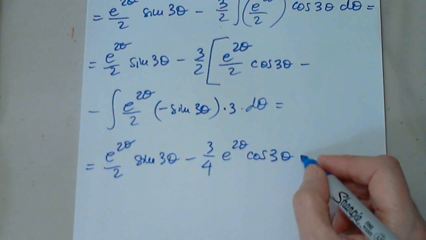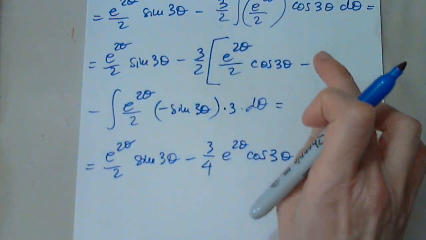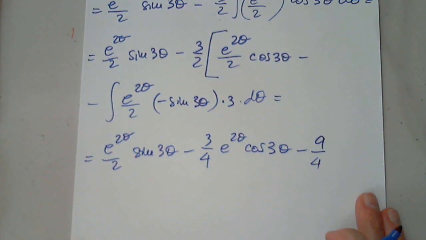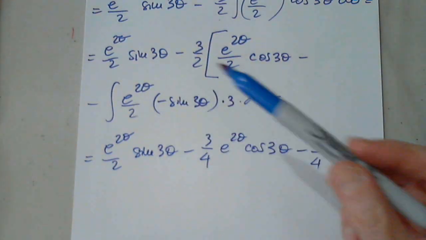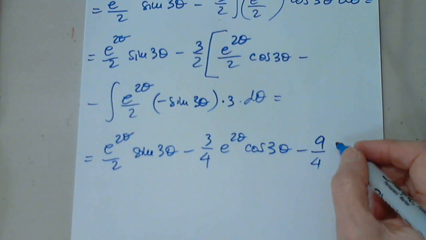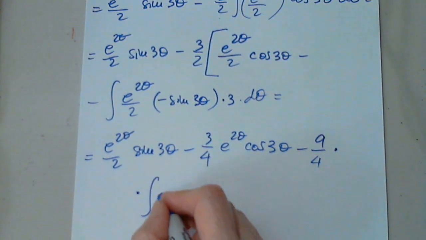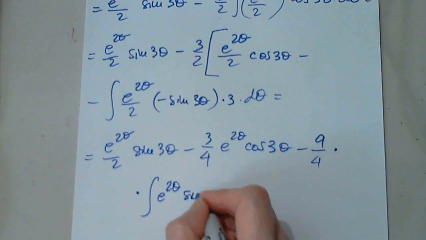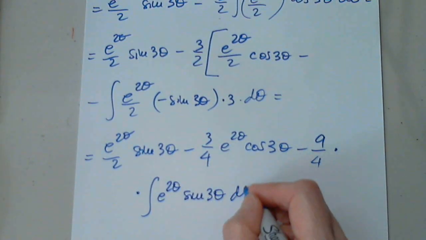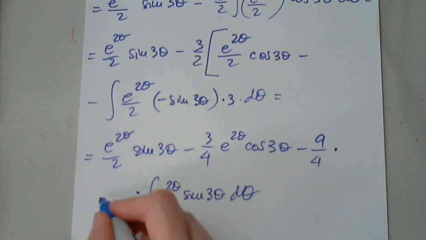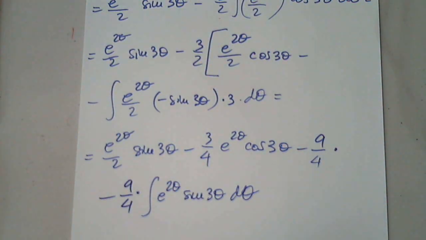So it's negative: one negative, another negative with another negative. So negative 9/4 times the integral of e to the 2 theta sine 3 theta d theta. Maybe I should put it here so you don't get confused and don't separate them like that. So maybe that's better.